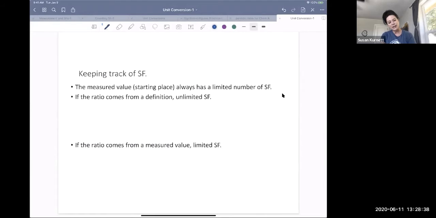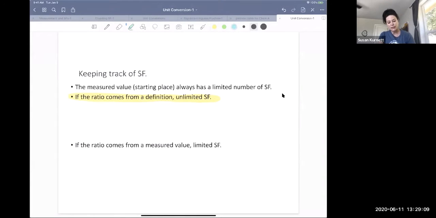Okay, so keeping track of sig figs: the measured value, the starting place, always has a limited number of sig figs. Many times, the number of sig figs in the final answer equals the number of sig figs in the starting place. If the ratio comes from a definition, it has unlimited sig figs, because if we divide both sides of the equality by one of the sides, we get something equal to 1. That's unlimited.